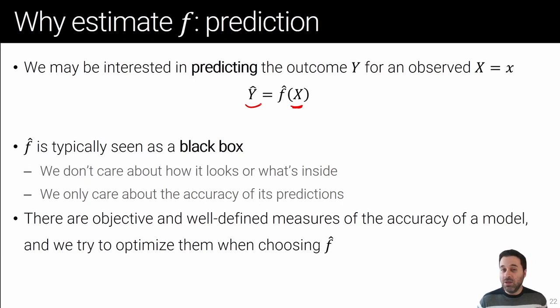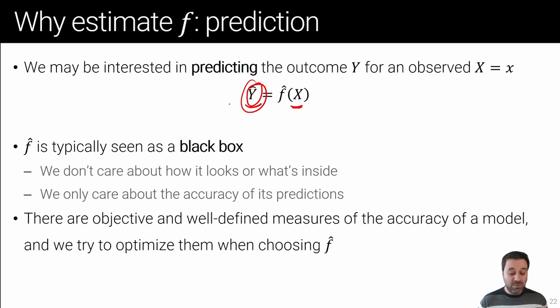Black box in the sense that we don't really care about how it looks like or what's inside, what's the relationship between the variables. We only care about the accuracy, about how well it makes these predictions. That's it. How complex the model is, what's inside, we don't really care. We only care about whether it makes good predictions. And then there are objective and well-defined measures of how good the model is. So how do we evaluate, how do we tell whether the model is good or not, or how good it is? And then the point is we try to optimize those different criteria when we choose a model. We'll talk plenty about this.